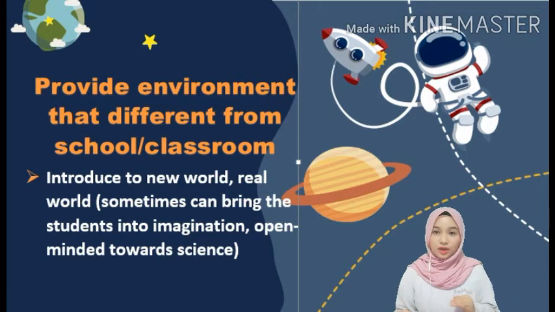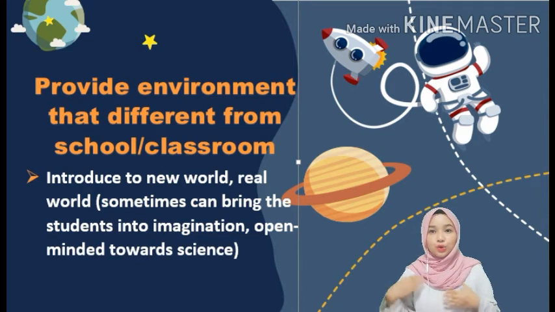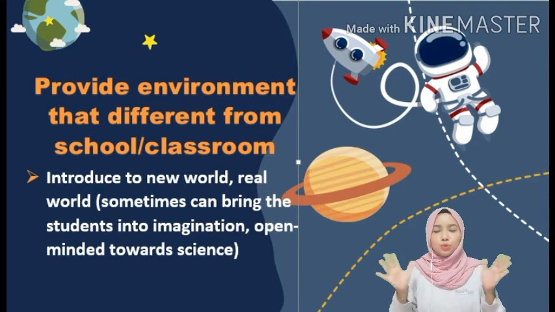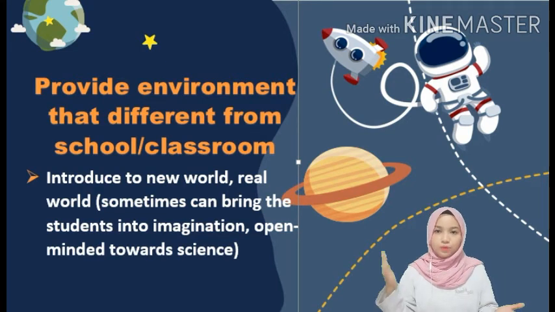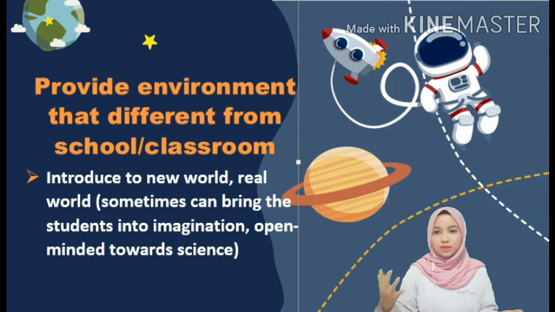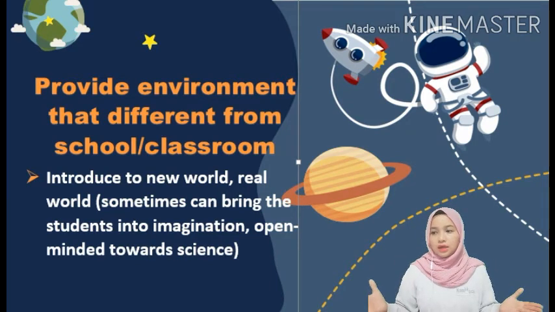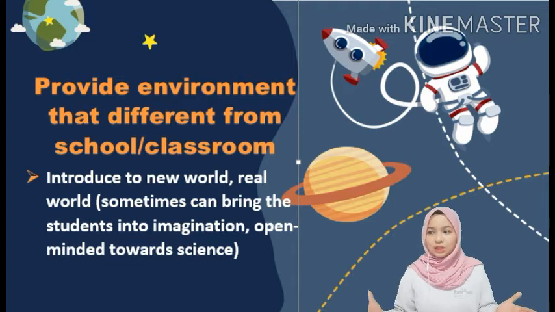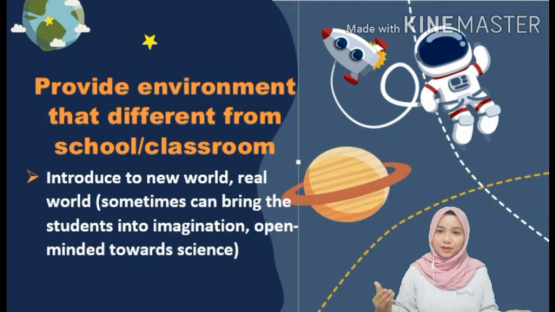So when we bring our student to science museum, we actually introduce them to a new world, a real world, which this setting doesn't have at school and classroom. So sometimes the new world, the real world, sometimes can bring the student into imagination and also open-minded towards science.